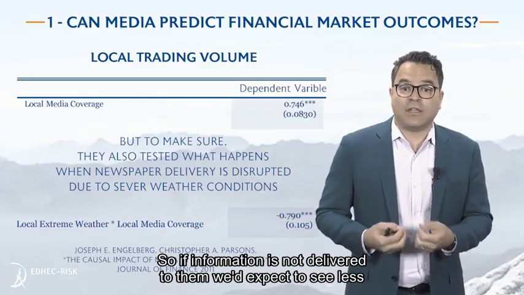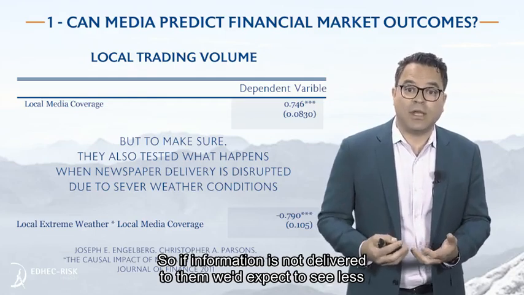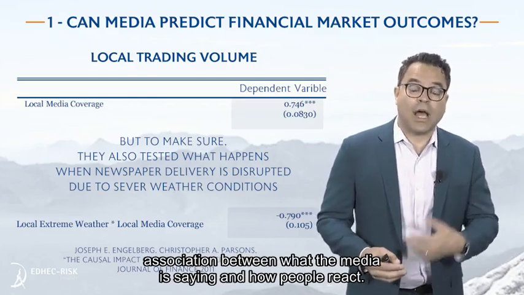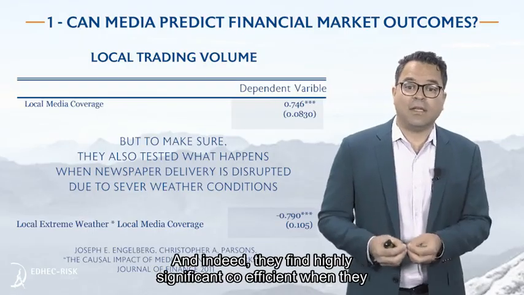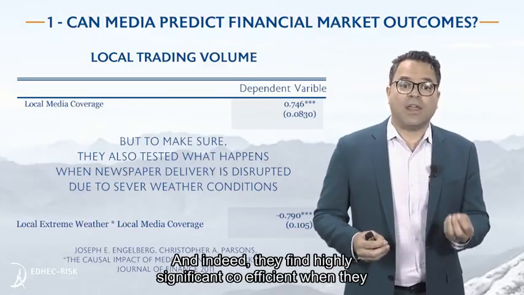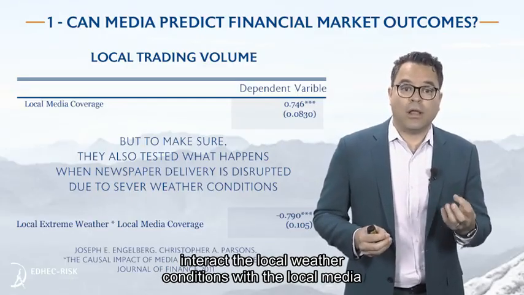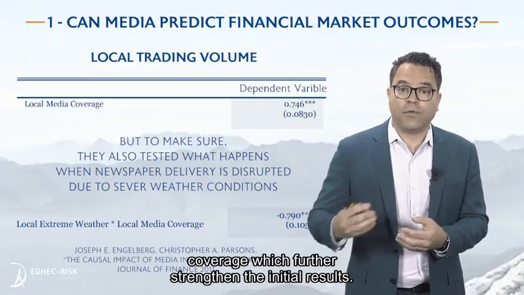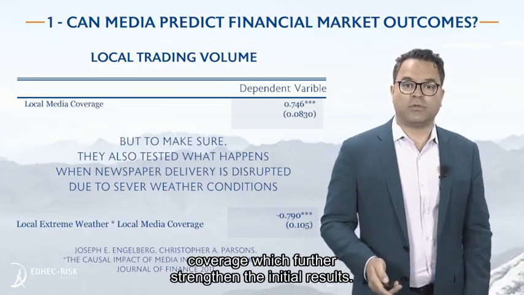So if information is not delivered to them, we'd expect to see less association between what the media is saying and how people react. And indeed, they found highly significant coefficient when they interact the local weather conditions with the local media coverage, which further strengthen the initial results.